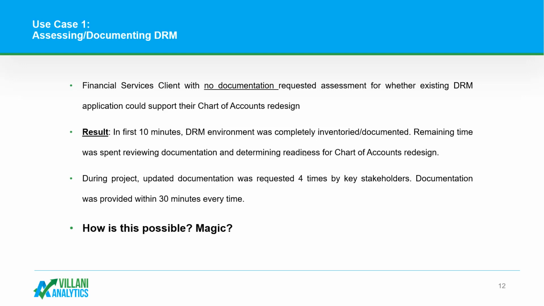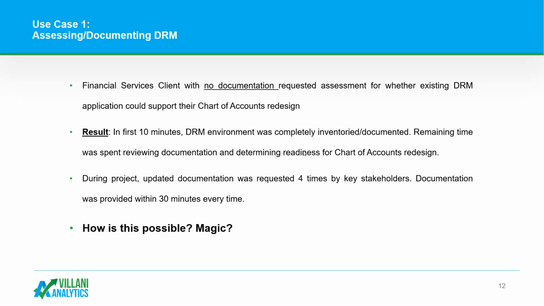And the answer to those requests is typically, well, you've got to wait till the end of the project for us to give you the documentation, or we've got to stop all our build activities and start documenting everything. So just being able to click a button or a couple of buttons, we were able to give them a full inventory of everything that was in DRM within minutes, rather than within days or weeks.